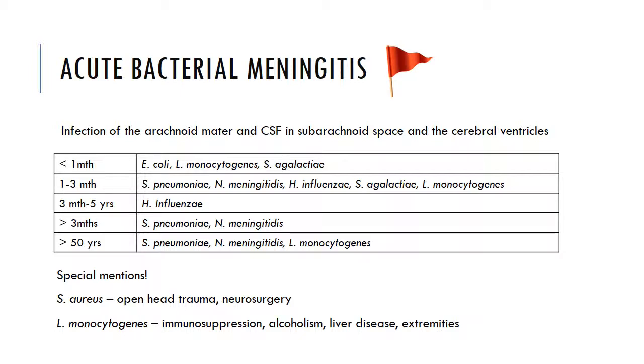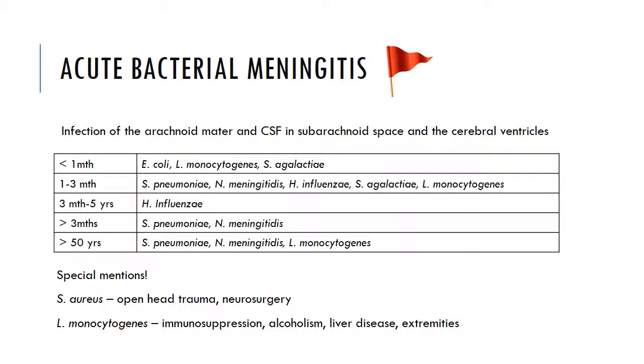So we have less than 1 month, we have E. coli, Listeria monocytogenes, and group B strep. So that E. coli, it occurs straight after childbirth. The child can aspirate the maternal genital secretion, so that's where the E. coli will come from.